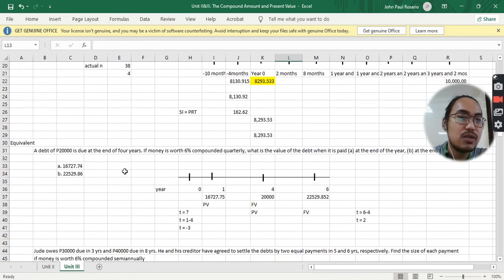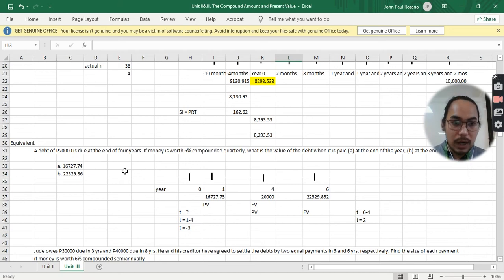So for equivalent values, it simply embodies the concept of the time value of money. Your 1 peso today will be equivalent to an amount in the future that has earned interest. So, your present value today is equal to your future value, not because they have the same amount, because as we have said, future value is always greater than the present value.